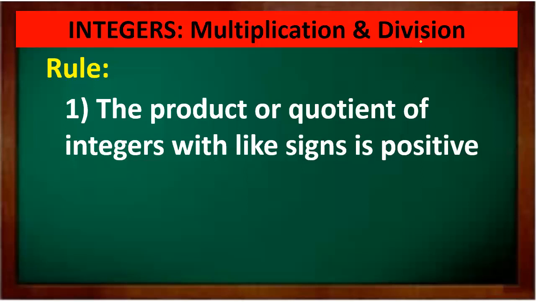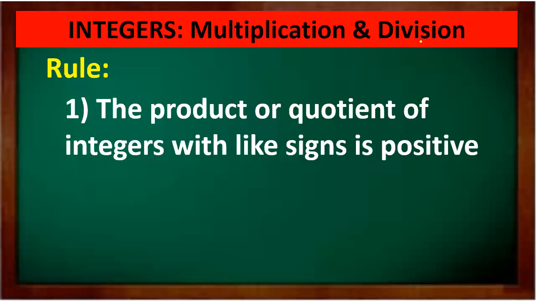So ano yung first rule natin sa multiplying and dividing integers? First is the product or quotient of integers with like signs is positive. So when you say product, ito yung pag nag-multiply ka, yung sagot nun, we call it the product. Quotient naman, pag ikaw ay nag-divide ng sets of numbers, ang sagot nun, we call it the quotient. Okay?